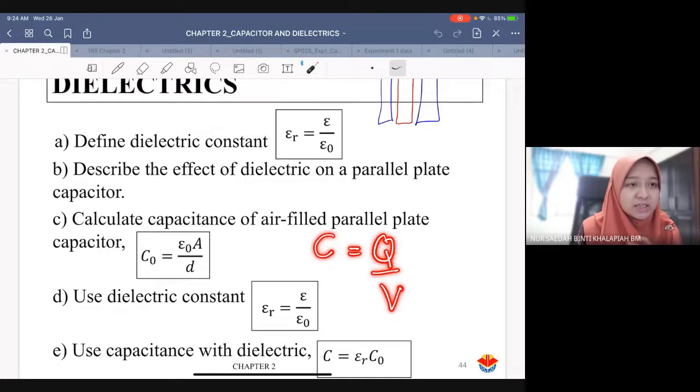So now kita ada satu lagi formula untuk capacitance. It is E naught A over D. So E naught is the permittivity of the free space times area of the plates divided by distance between two plates of capacitor. So that is the second formula for the capacitor, that air fill, that is nothing in between of the plates of capacitor.